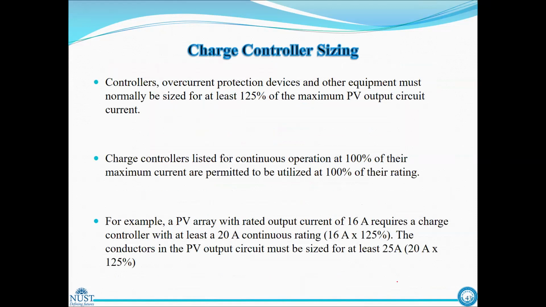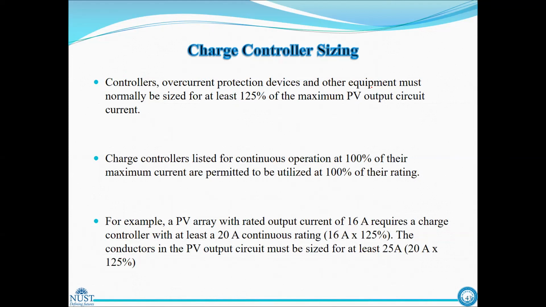Charge controller sizing should be done as per the following criteria. For example, when we know the maximum output current of the photovoltaic module, then the controller should be sized for at least 125% of that value, because not only the controller, but overcurrent protection devices and other equipment, for example wires, should also be sized for this value.